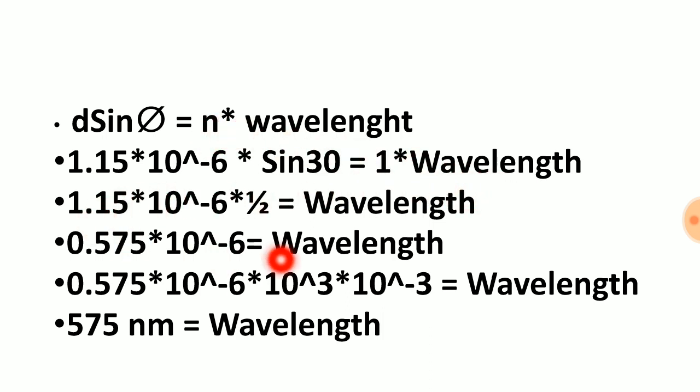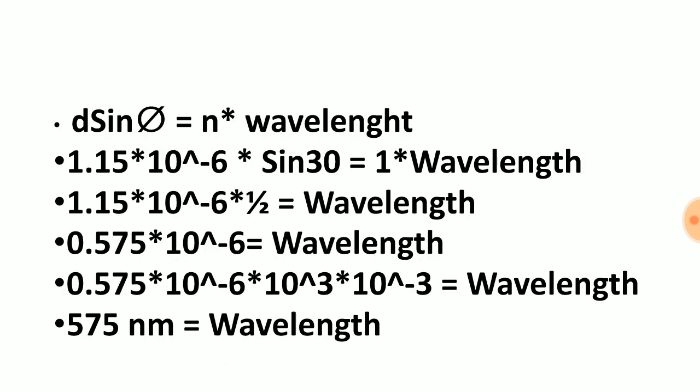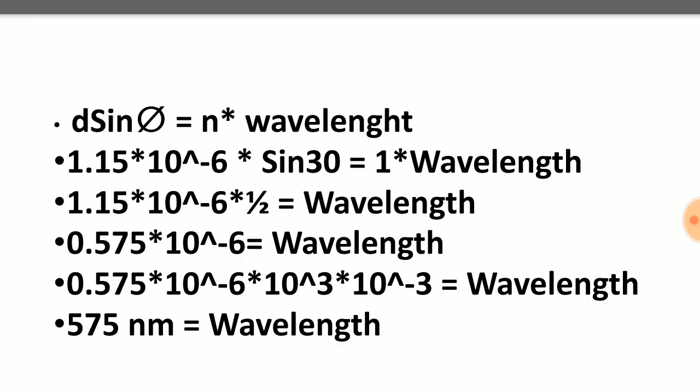Then on calculating this, we will get our wavelength, 0.57 into 10⁻⁶, but it is expressed in nanometer. On converting this into nanometer, we will get 575 nanometer. That is in option choice C. So option choice C is the correct answer for question number 29.